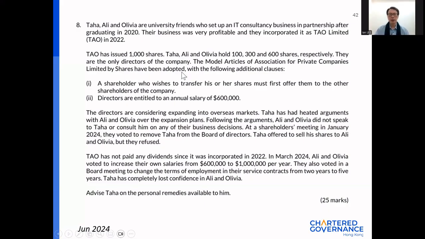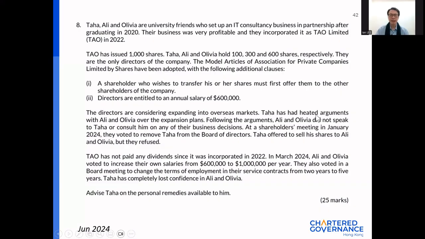The model articles were adopted with the following additional clauses. So you can see a shareholder who wishes to transfer his or her shares must offer them to the other shareholders of the company, and directors are entitled to an annual salary of 600,000. So the directors are considering expanding into overseas markets.